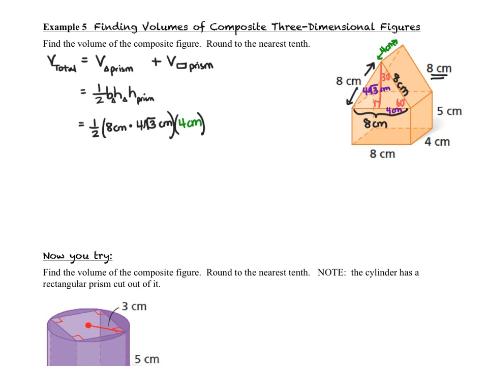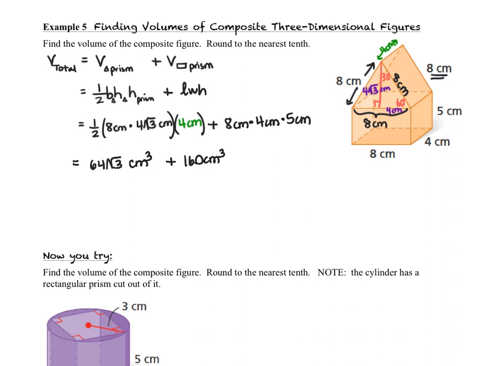That's going to get us the volume of the triangular prism. When we multiply all that through, we have 64 root 3 cubic centimeters, and we add to that the volume of the rectangular prism. We find that by multiplying length times width times height, so 8 centimeters times 4 centimeters times 5 centimeters gives us 160 cubic centimeters.